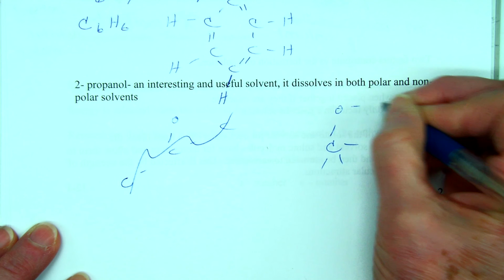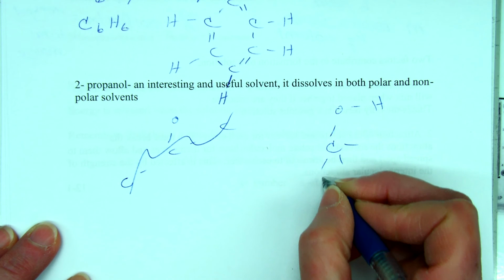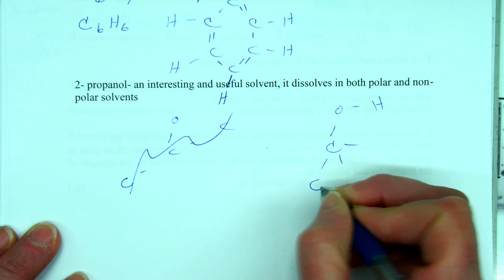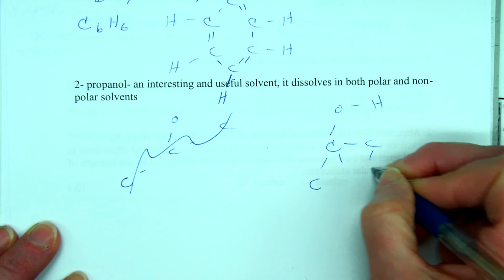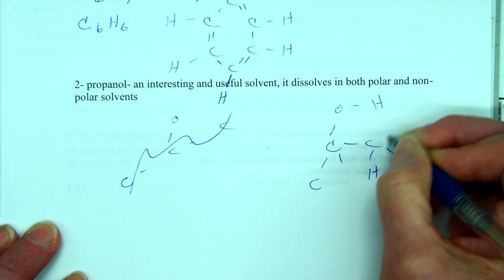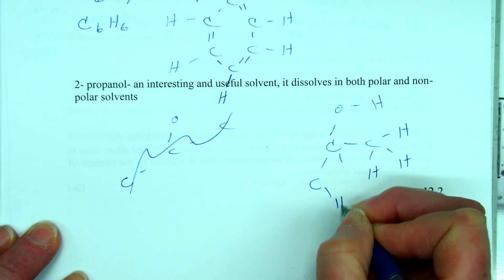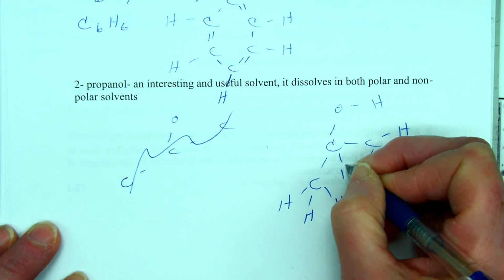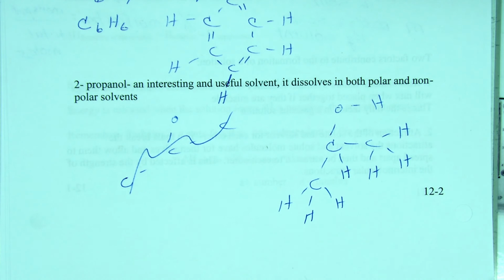So we have the OH up there, and then we have carbons here, and a carbon here, and a hydrogen here.